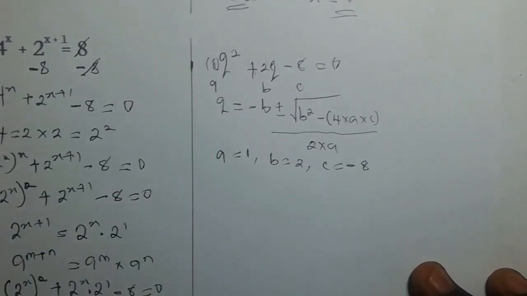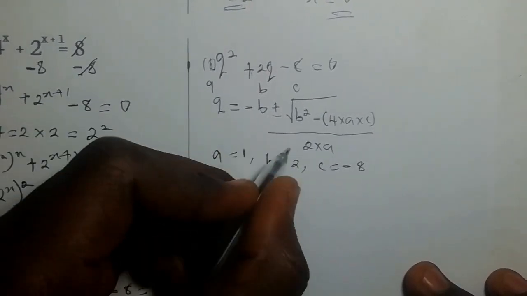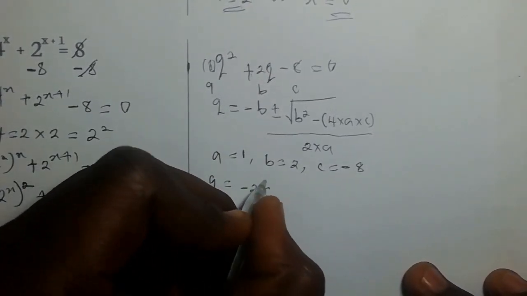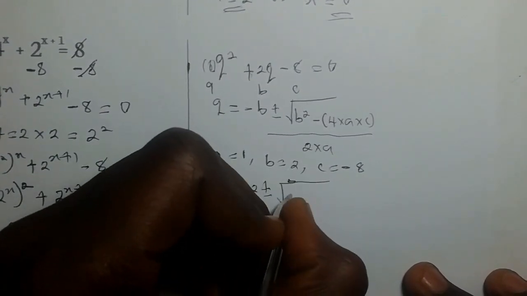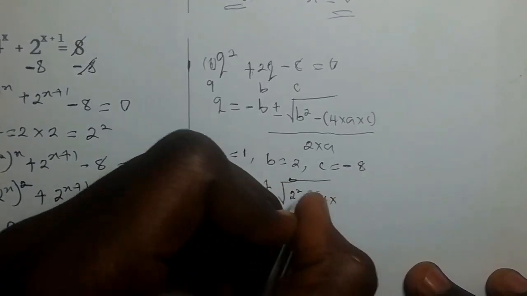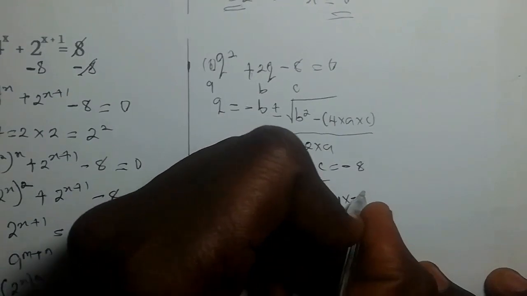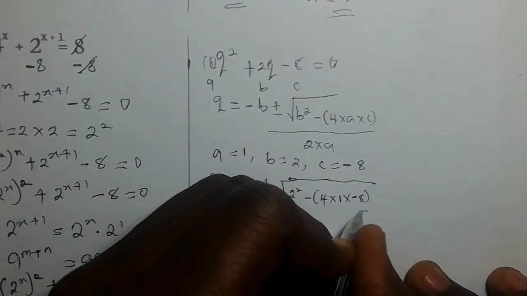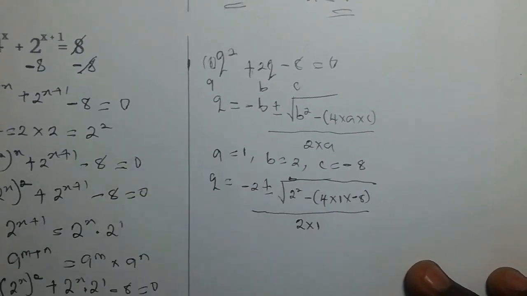So you can substitute directly into the formula. This will result in q is equal to minus b, that's minus 2, plus or minus square root of b squared, that's 2 squared, minus in bracket 4 times a, which is 1, times c, which is negative 8, divided by 2 times a, and a is 1.